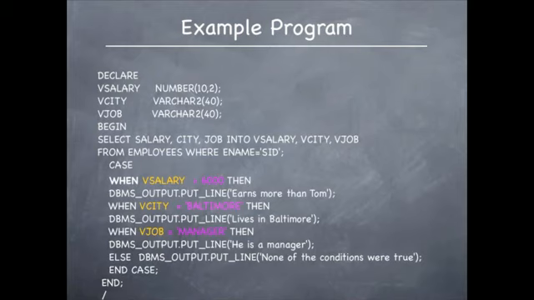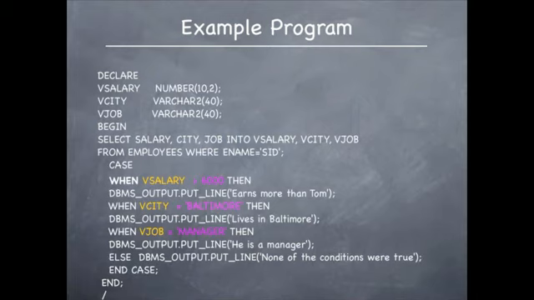In this program, based on which condition is true first, the corresponding statement will be displayed. That is, even if two of the criteria are true, for instance, let's say that the salary is greater than 6,000 as well as Sid is a manager.